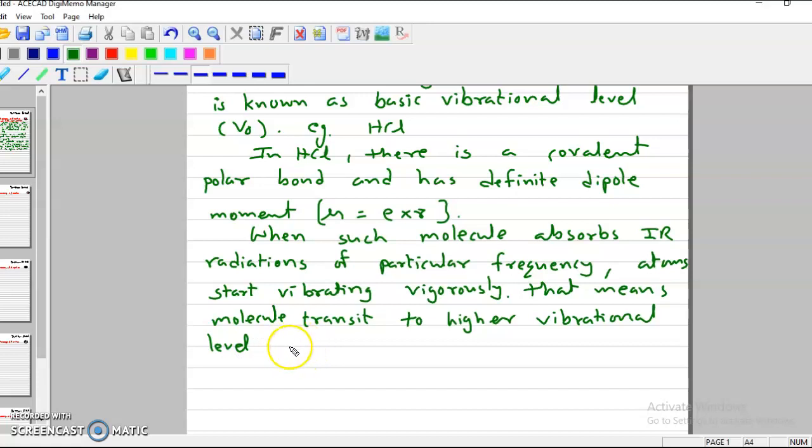If ground state level is V0, then we can give this label to V1 and start vibrating from R1 dash to R2 dash distance.